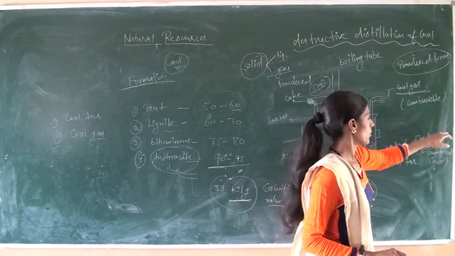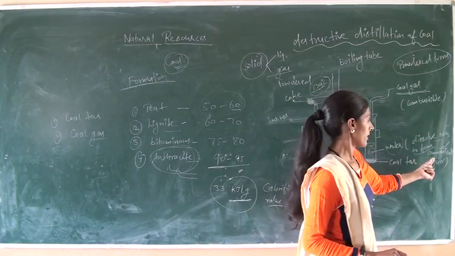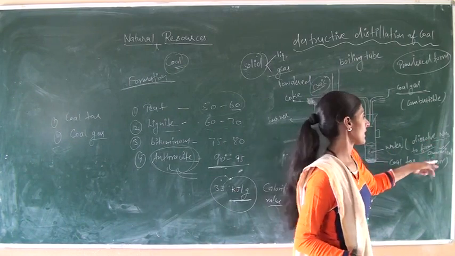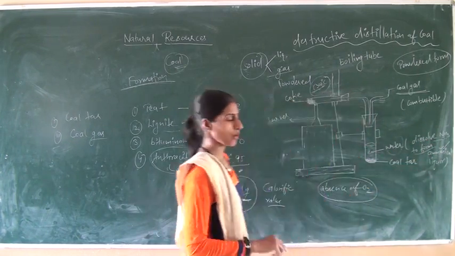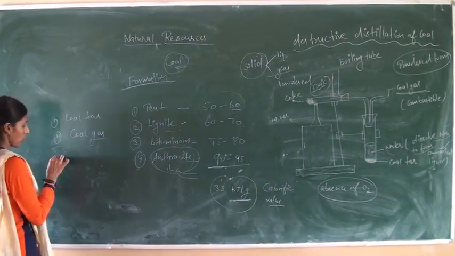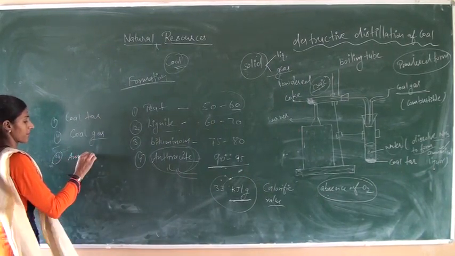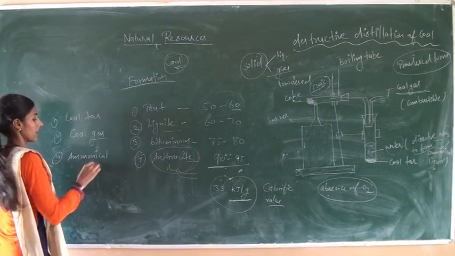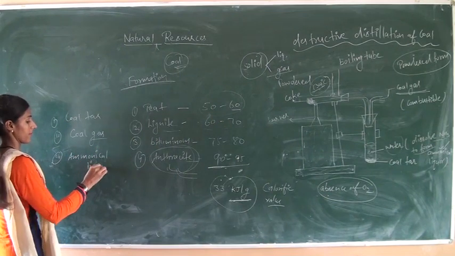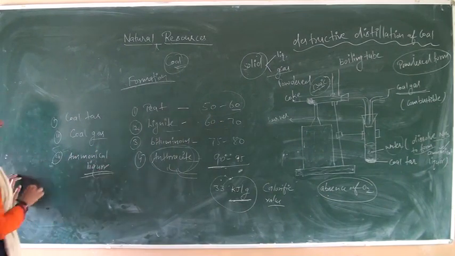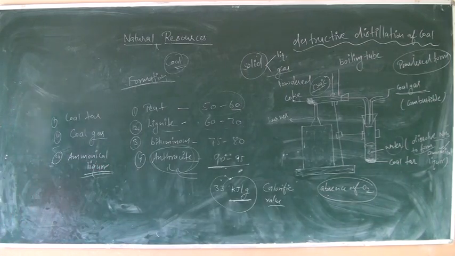When water and ammonia are combined together, they form another substance known as ammoniacal liquor. So the third main product is ammoniacal liquor. Liquor means it is present in liquid form.